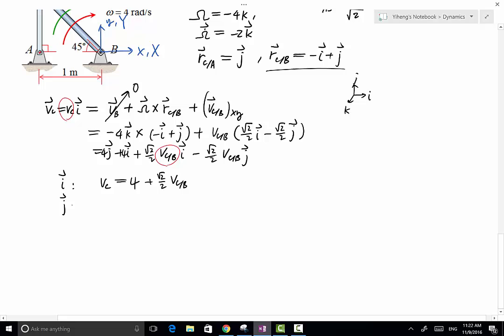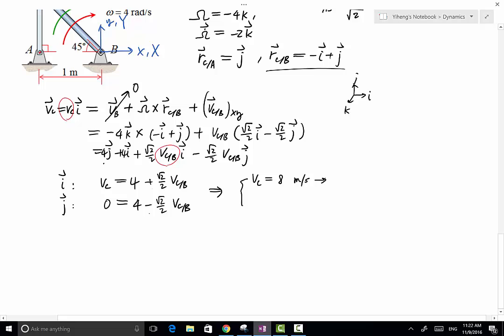For the j component, on the left hand side we have 0, on the right hand side we have 4, this one right here, minus square root of 2 over 2 VC/B. So we have two scalar equations and two unknowns. We can solve for VC easily by adding these two equations together. Plus sign, minus sign cancel each other out. Therefore, we can easily solve that VC equals 8 in the unit of meters per second.